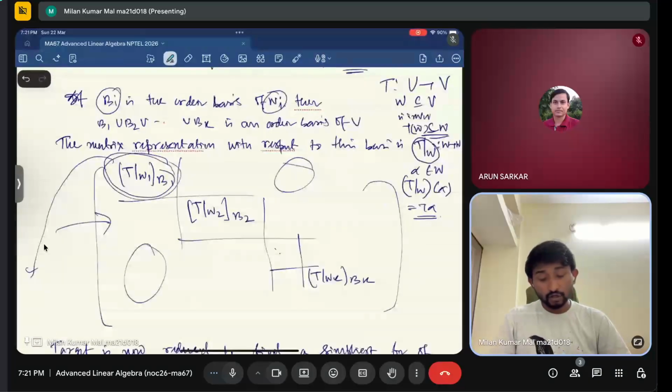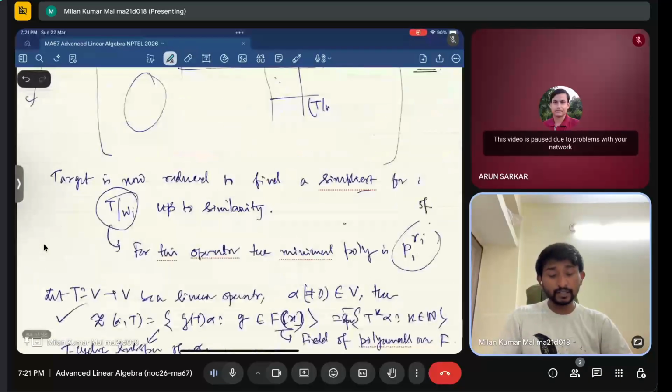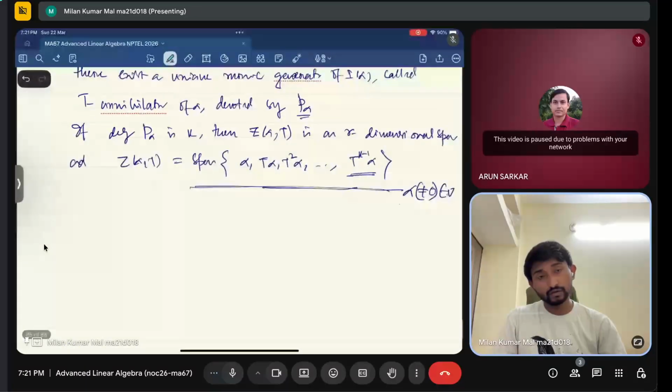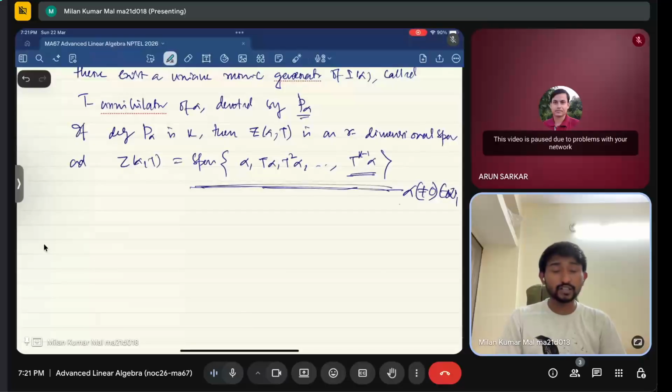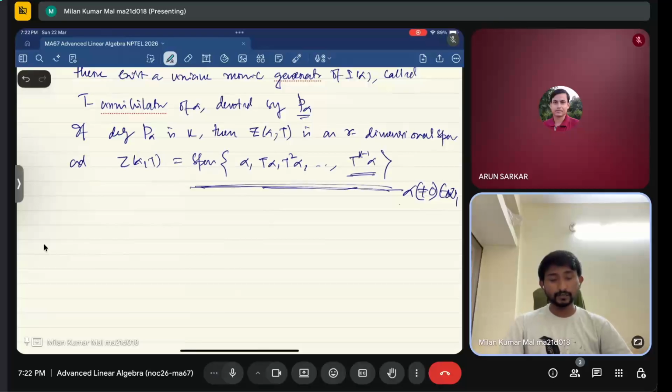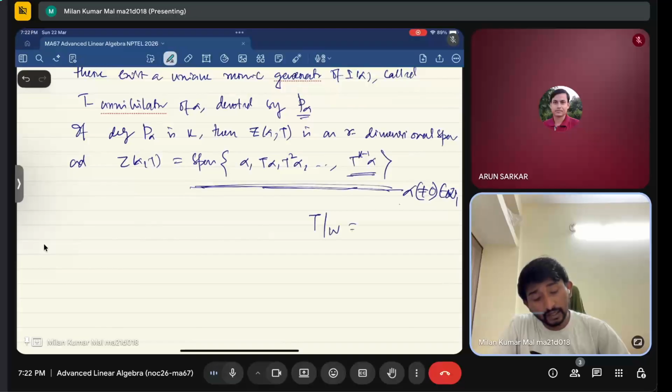W1 is an invariant subspace under T. Now we choose a vector alpha coming from W1, and we consider the smallest subspace containing alpha, that is alpha, T alpha, up to T to the power K minus 1 alpha, such that it is invariant. Then that will be invariant under T. So, suppose we have T restricted to W, we will be breaking this W once again into subspaces, something like this. Here will be a block, here will be a block, here will be a block, and this is 0. This is the target.